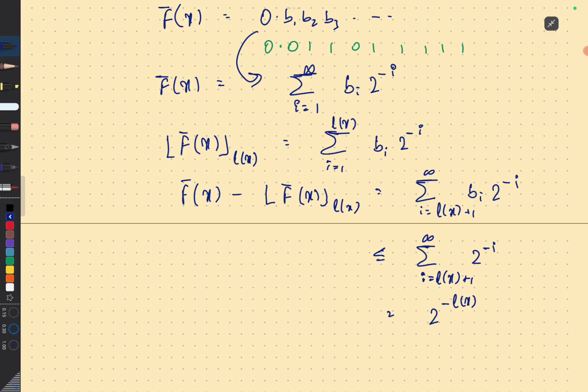So f bar of x prime is definitely going to be greater than this particular quantity. If x prime is equal to x plus 1, then this is an equality. If it is, say, x plus 2, then you have a strict inequality over here. So in any case, this quantity is greater than or equal to this. Then everything else is the same. Nothing changes.